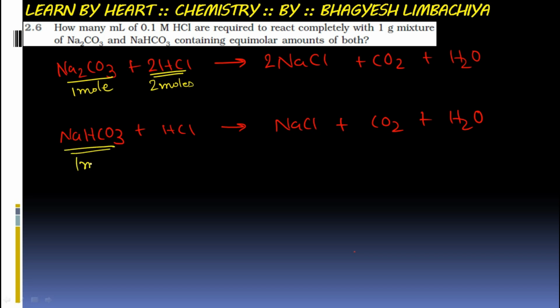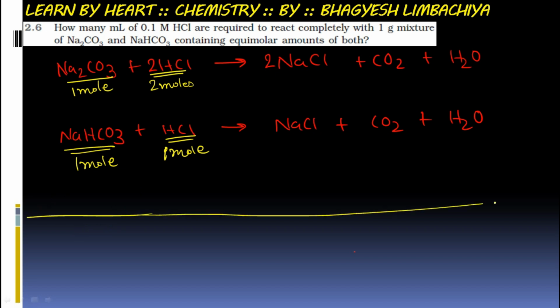Similarly, to react 1 mole of NaHCO3 1 mole of HCl is required. Now you are given that 1 gram of mixture and it contains some mass of Na2CO3 and some mass of NaHCO3.